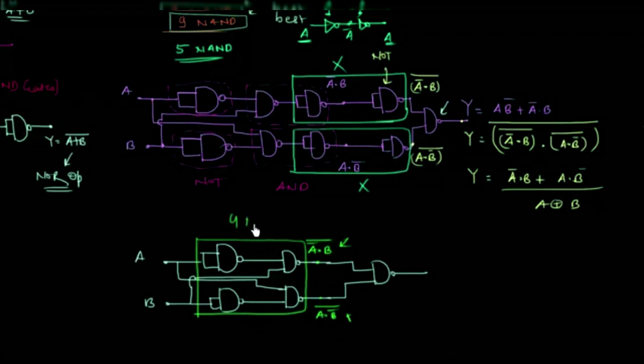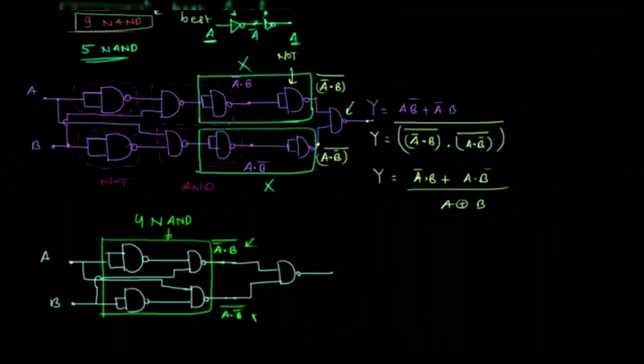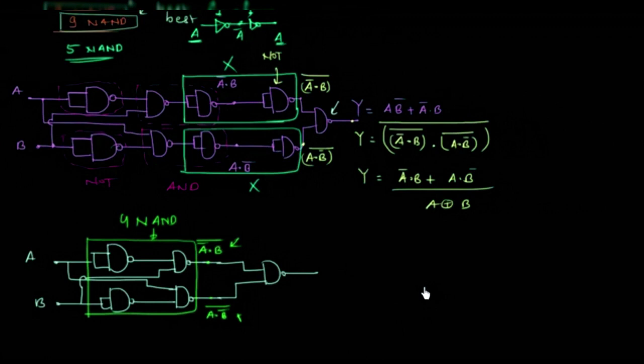So let's see how we can have the same results by using the 3 NAND gates. First I will draw it and then I will explain. This implementation is very important.